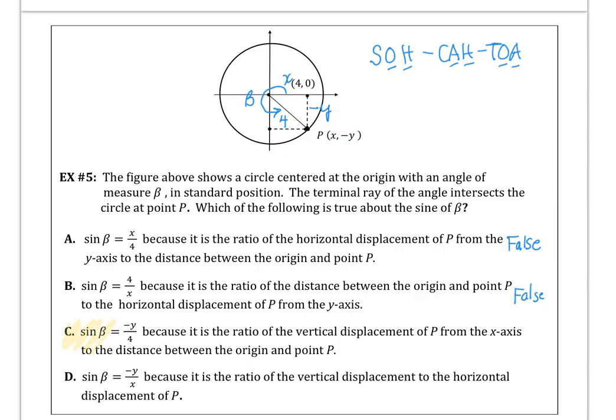C is the true one, because the ratio of the vertical displacement of P from the x-axis to the distance between the origin and point P. That one is true. So the sine of beta is the length of y divided by the length of the radius. So part C was true.